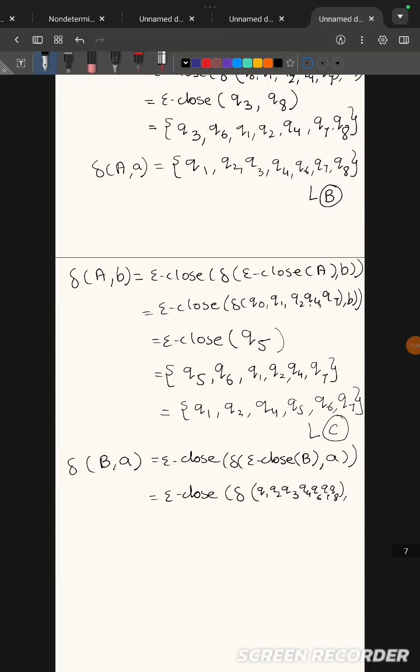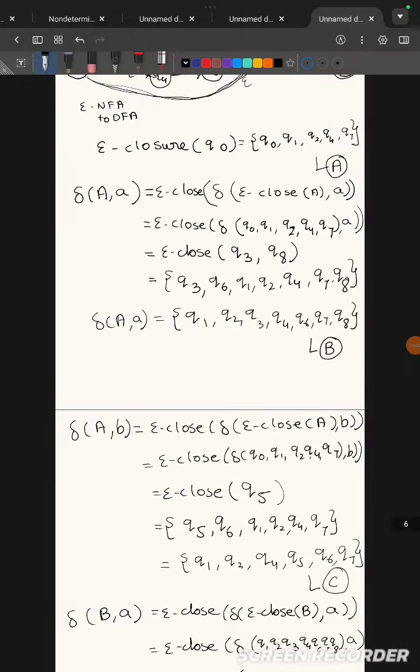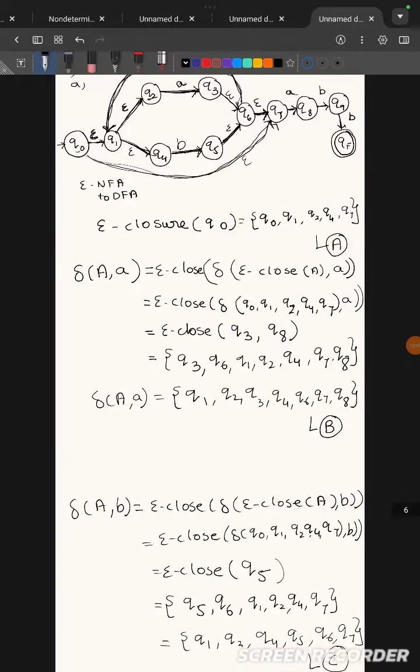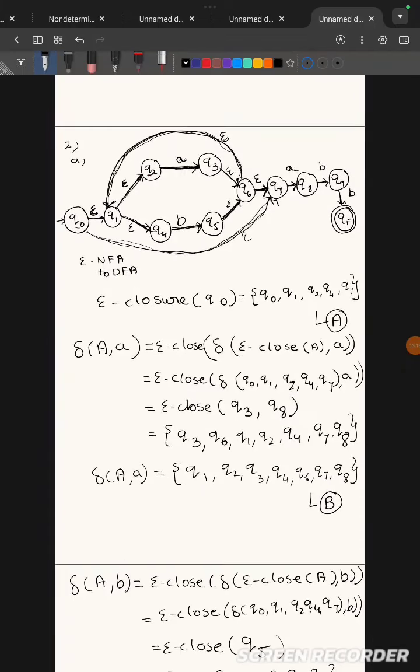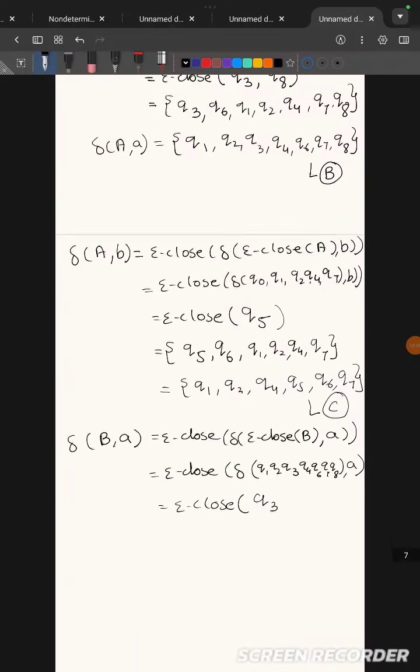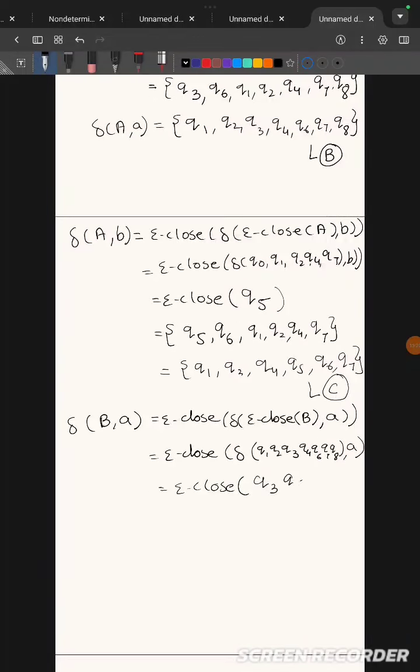For this, if I apply a, what will be the resultant? We have to check from the transition diagram which states have a transition on a. We know that Q2 on reading a goes to Q3, so we will include Q3 over here. Similarly, Q7 on reading a goes to Q8, so we will include Q8. Only two states we have.